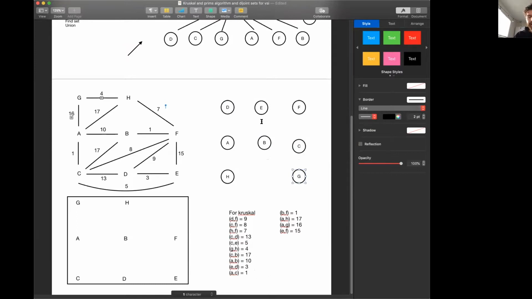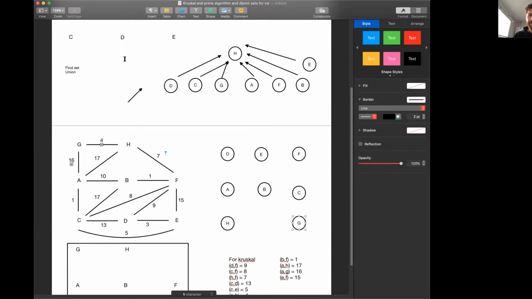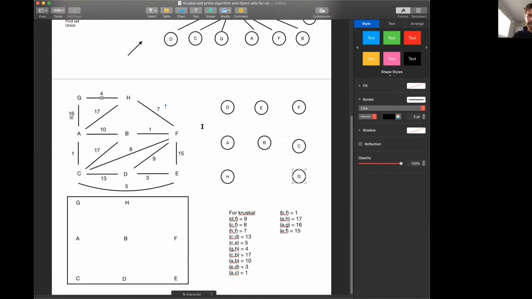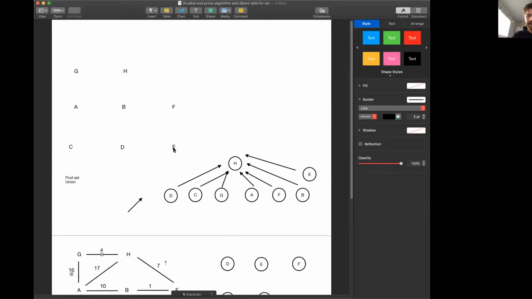The second step of the algorithm tells me to take the edges in descending order and process them the same way we did here. What we did in the previous algorithm is we just took the edges in arbitrary order, in whatever order I wanted to. There's no specified order.